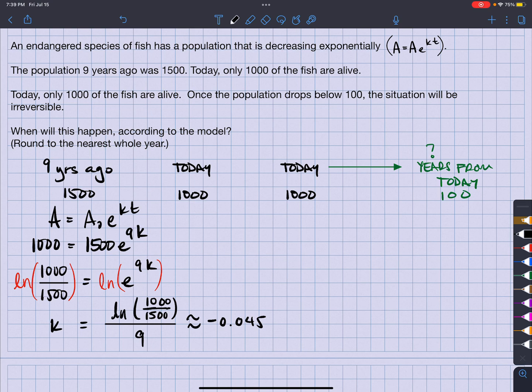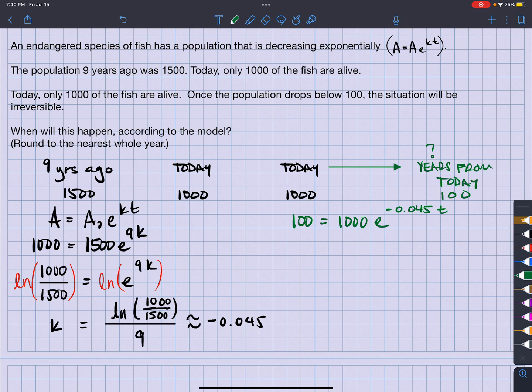Again I'm using the same formula, except my final amount that I'm afraid of is 100, and today is 1,000. I know what my k is this time, negative 0.045, but I need to know what my t is. That's what I'm looking for.